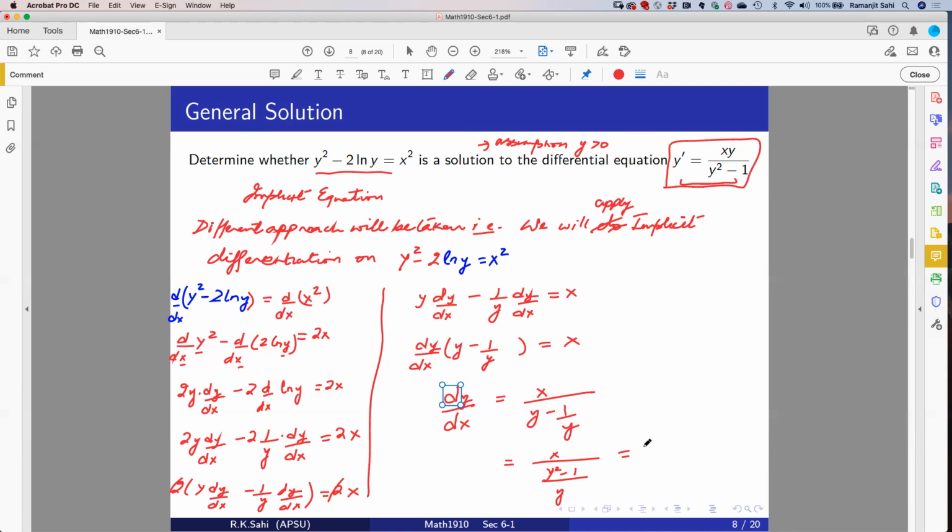Basically you're going to flip it, and this division becomes a multiplication by y over y squared minus 1. So ultimately, what are we getting? We're getting that dy over dx equals xy over y squared minus 1. And that's exactly what we have over here.